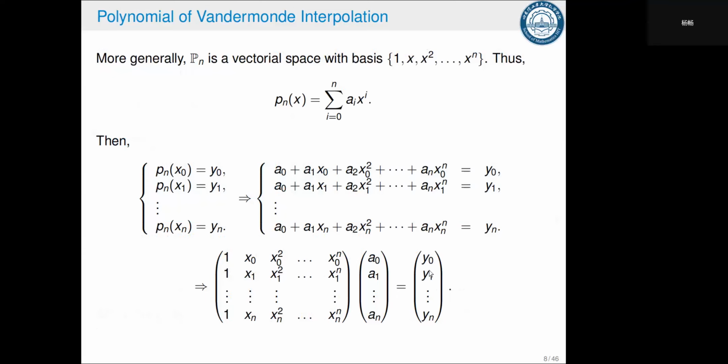The right hand side is nothing but the value corresponding to each xi, so this is known. That means this linear system can be constructed, and finally you solve it and find A0 to AN.